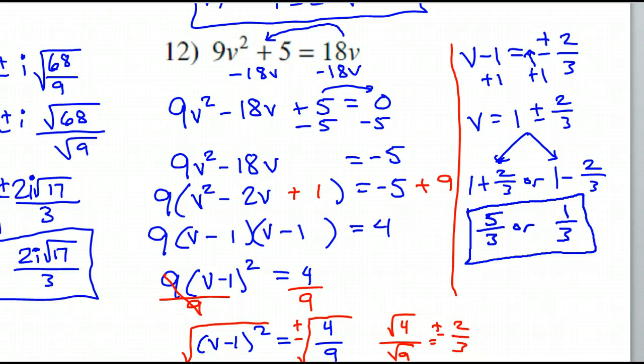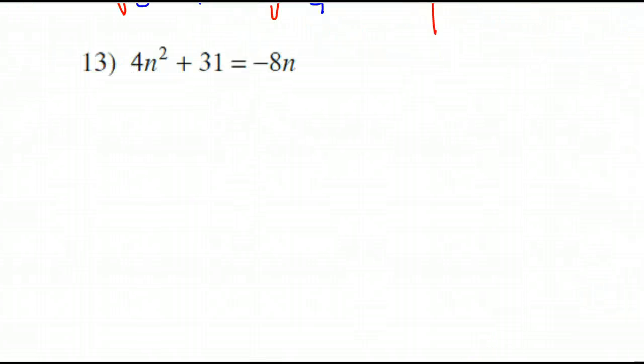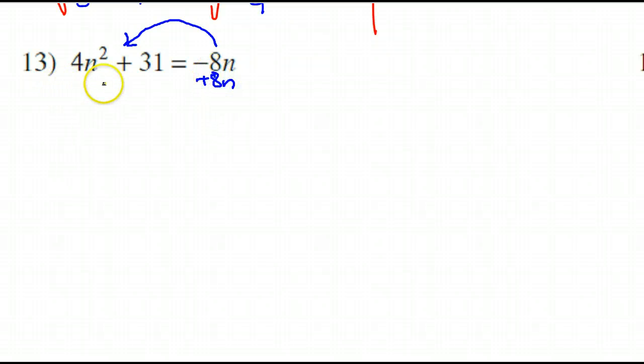Okay, let's check out number 13. All right, this is going to have to come over there. So I'm going to have, well, I'll show it. So we're adding 8n to both sides.